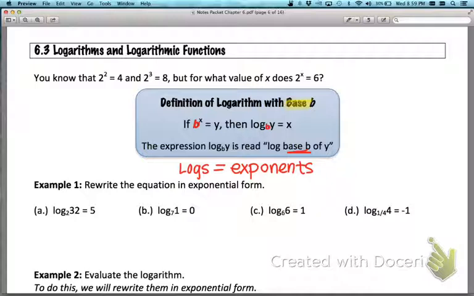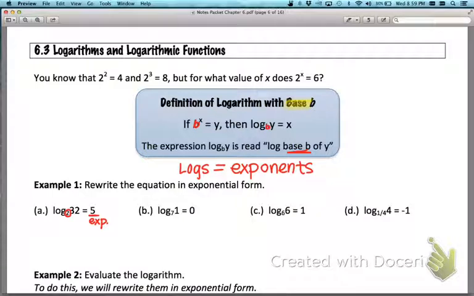So let's look at a couple of examples and see if we can figure out how to write this down. We want to take these log equations and rewrite them in exponential form. A says the log base 2 of 32 is equal to 5. Logs always equal exponents, and the base of the log is the base of the exponential.